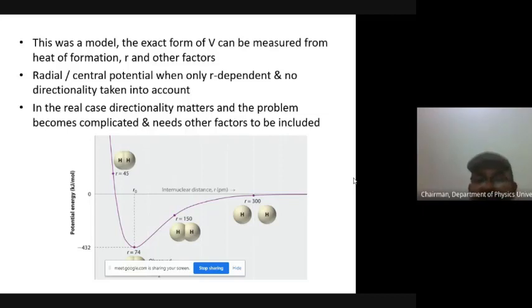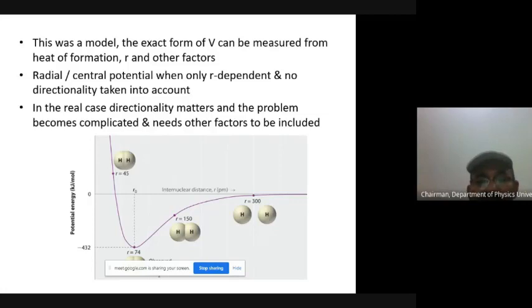When we say radial or central potential, it is only dependent on distance and no directionality is taken into account. In the real case, directionality matters and the problem becomes complicated and needs other factors to be included.